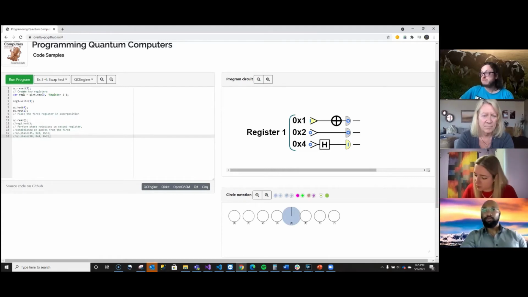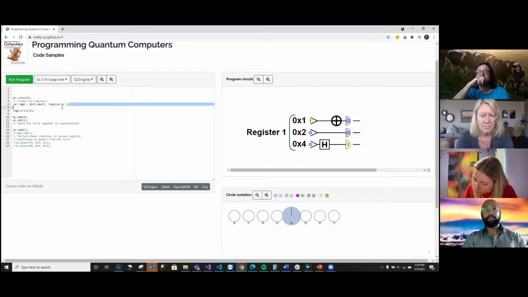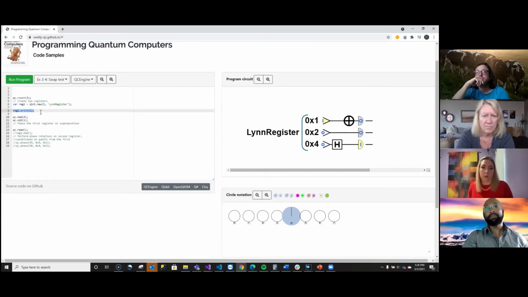First, like always, we have to set how many qubits we're going to use. Here we have one register, and in this register, as you can tell in this line of code, I've added 3 qubits. We've set all the registers to start with 1.